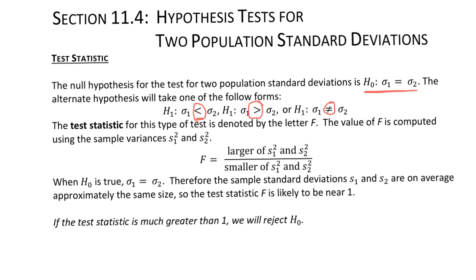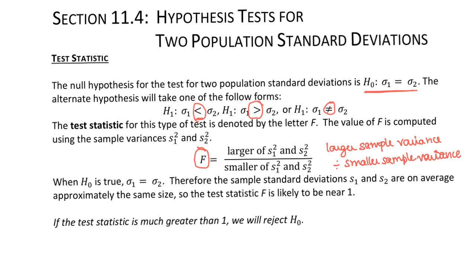The test statistic for this type of test is denoted by capital F, and we calculate it by dividing the larger sample variance by the smaller sample variance.